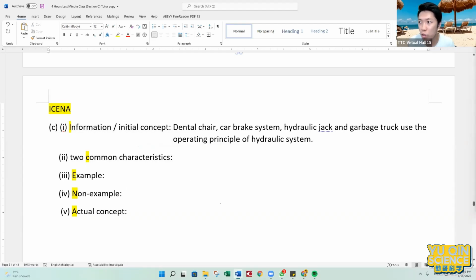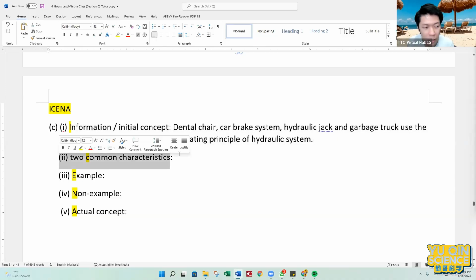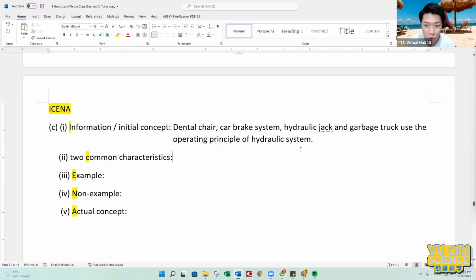You know what's the most favorable way of writing this for markers? To make it into a table. Left side of the table, and then on the right side you write the answer, then on the next line write the next answer. So table form is the best way to do section C, everything. Not what you think, that you have to write an essay. No paragraph, table is the best.